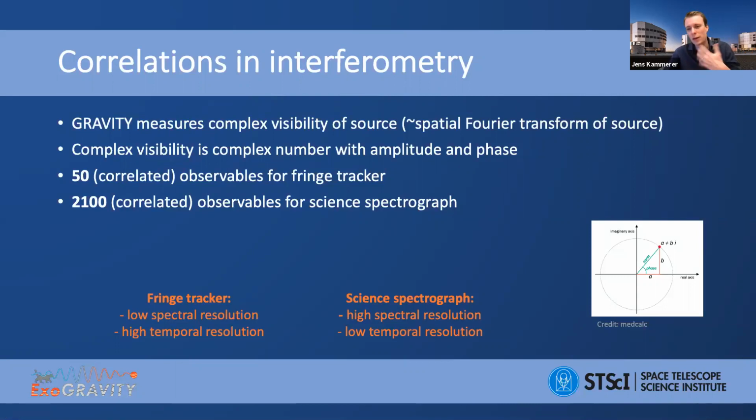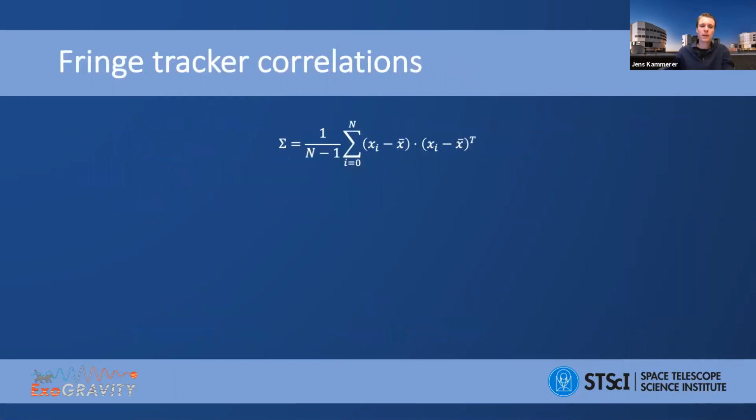And from that many data, we can simply compute the correlations empirically. So I started by looking at the fringe tracker data because that's easier. And then I just computed the correlations from some intermediate pipeline products of GRAVITY with this empirical covariance matrix, which you can transform to a correlation matrix by normalizing with the standard deviation of the observables.